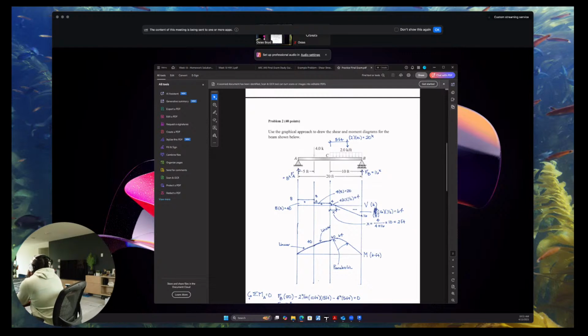Equations, let's unpack: FB was written as negative in the moment equation, even though the actual reaction force FB is positive. So why is FB written as negative in the equation?